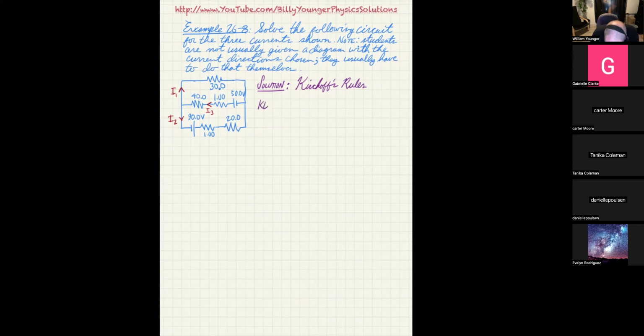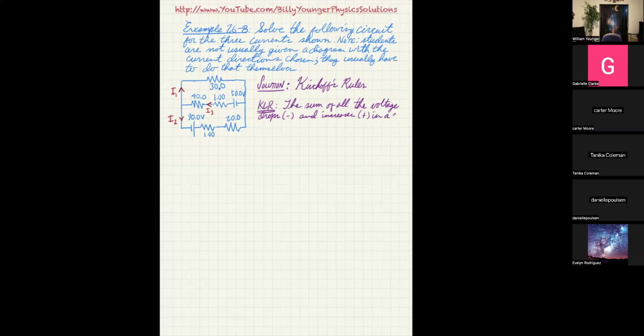So the KLR says the sum of all the voltage drops, which by the way will be negative, and increases, which obviously will be positive, in a closed loop is equal to 0.